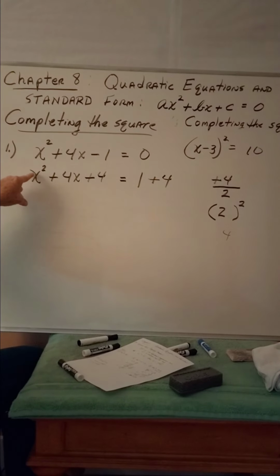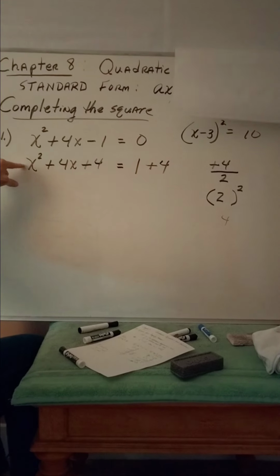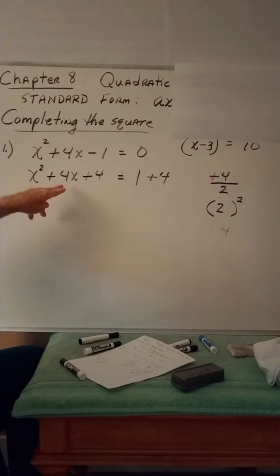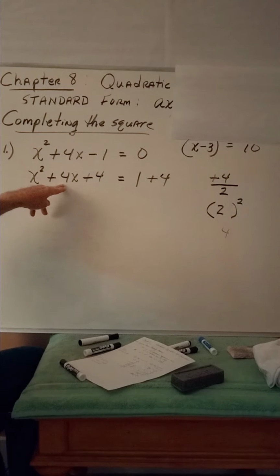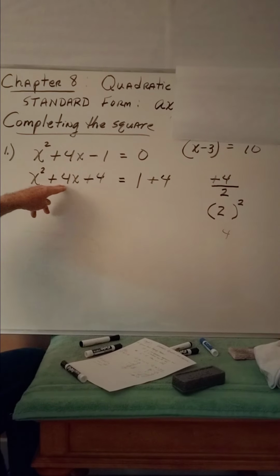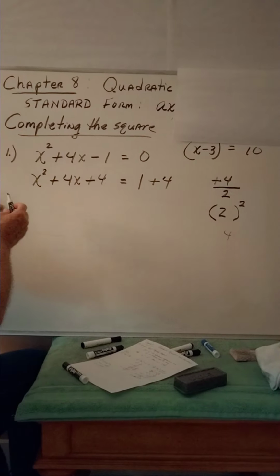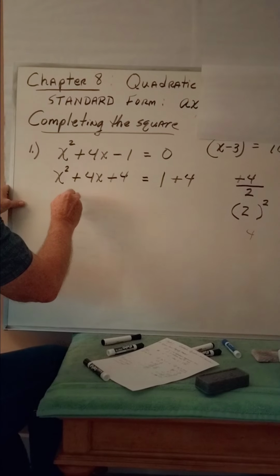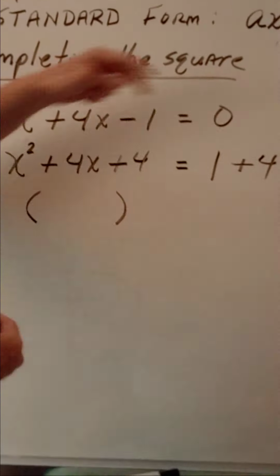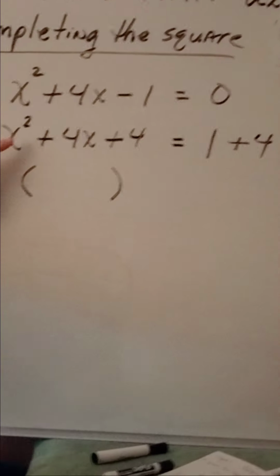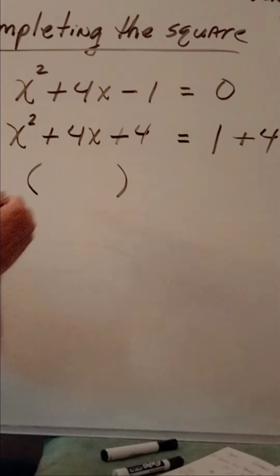Now, this trinomial right here is not just any trinomial. It is a perfect square trinomial. And here's what its factor will be. You make a binomial house. Just like him. You bring down your variable term x.